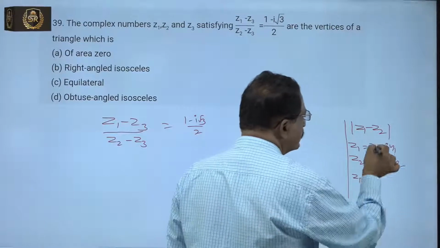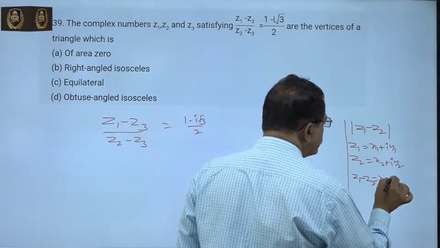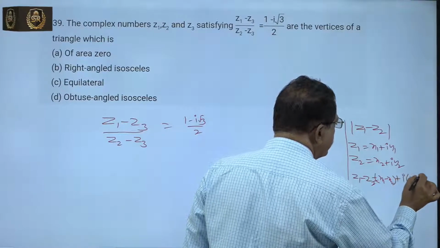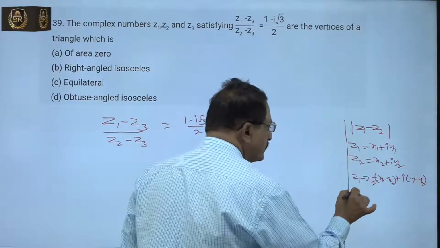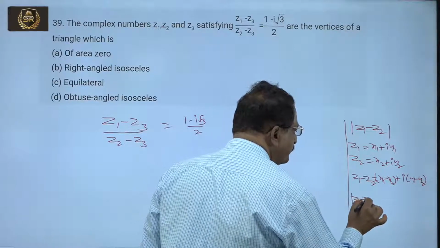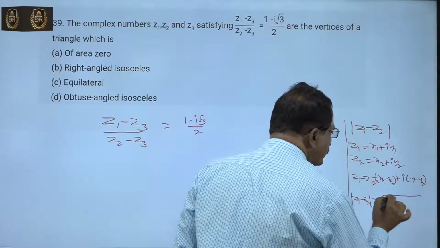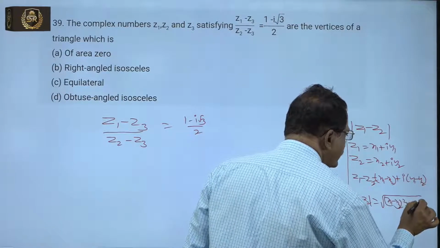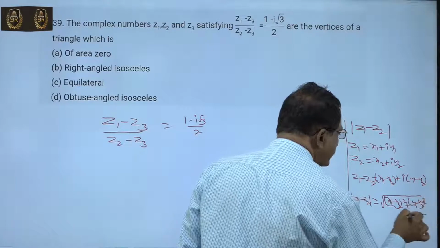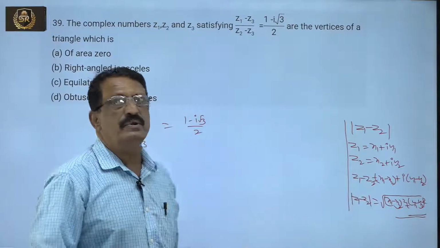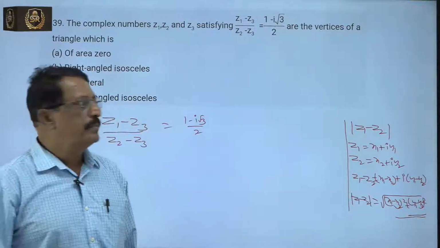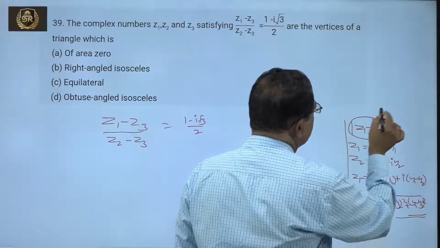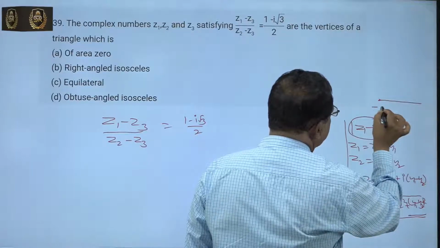Subtracting, x1 minus x2 plus i times (y1 minus y2). Now mod of Z1 minus Z2 equals square root of (x1 minus x2) whole square plus (y1 minus y2) whole square. It is nothing but the distance between two points in 2D geometry. So mod of Z1 minus Z2 is the distance between Z1 and Z2.